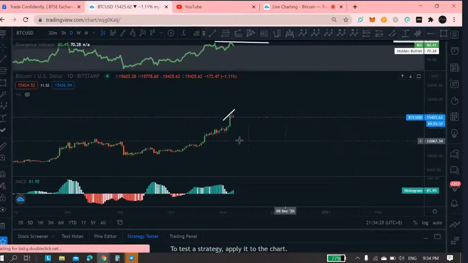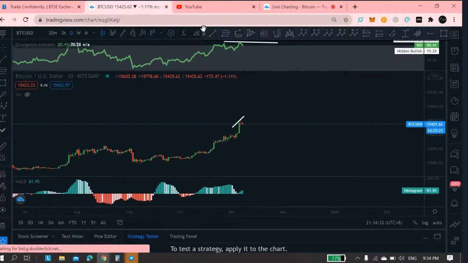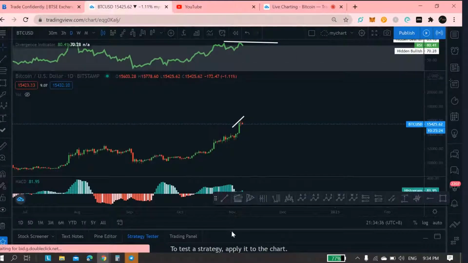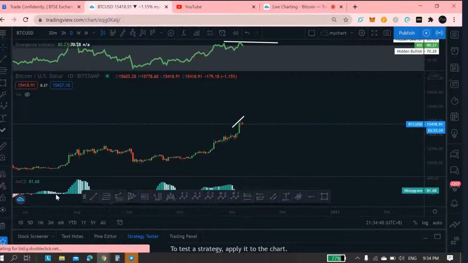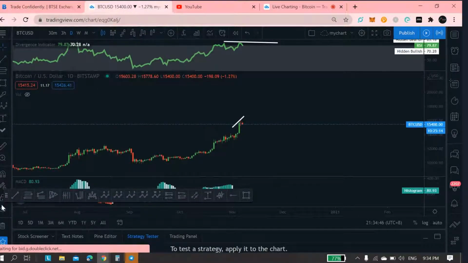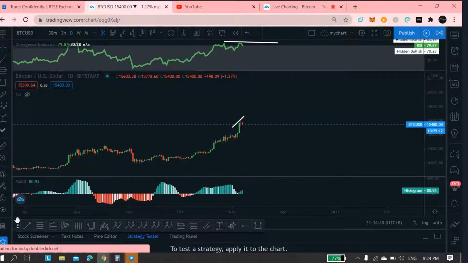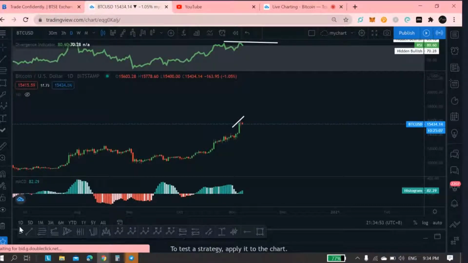So at that area, it has already formed a bearish divergence.